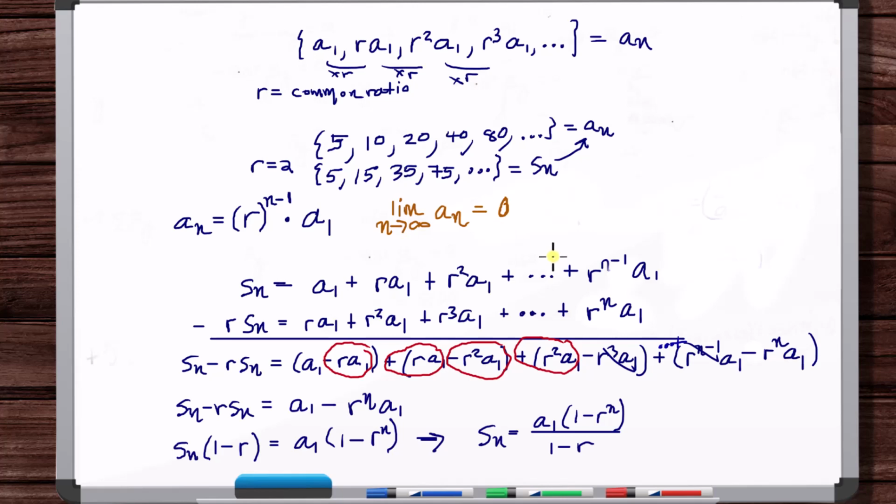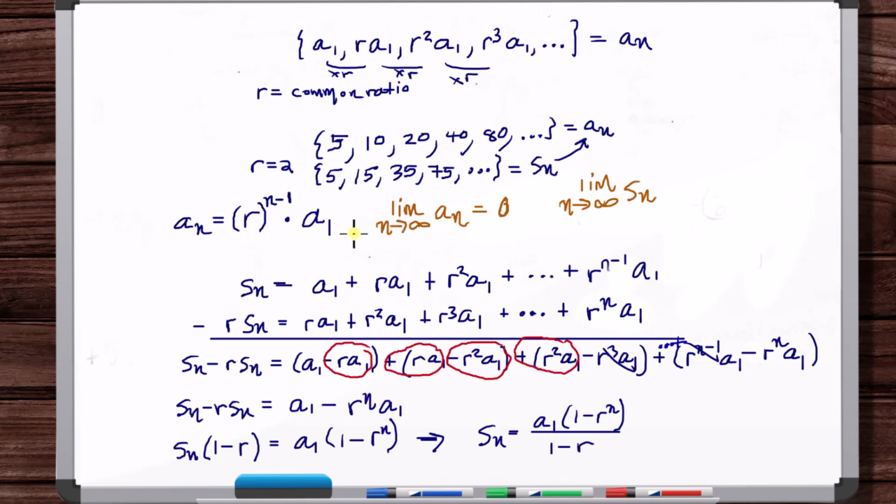Okay, now what about the limit as n approaches infinity of s sub n, which would be evaluating the geometric series? Okay. Well, in a similar way, if the absolute value of r is greater than 1, then this limit goes to infinity. It doesn't converge.